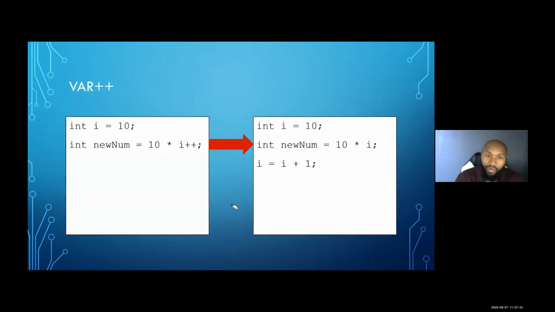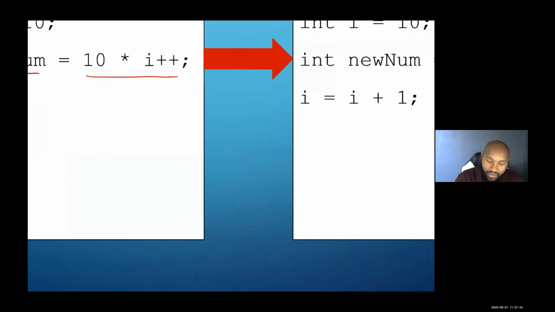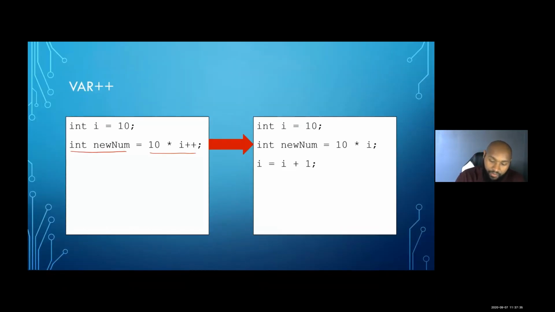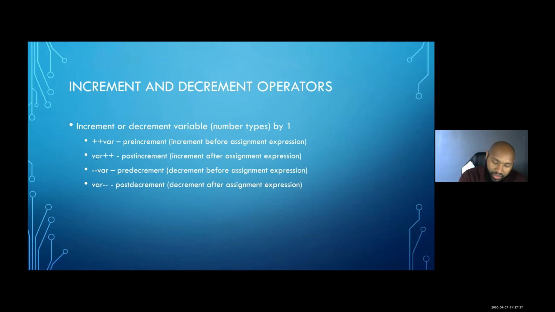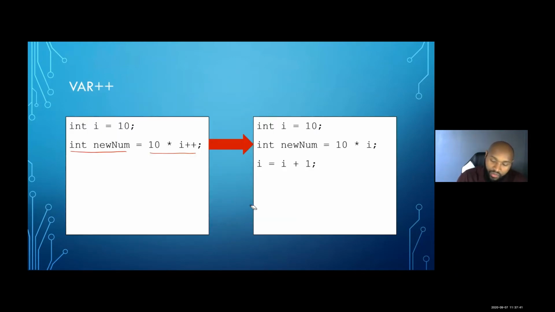Look at this example: int i equals 10, and int newNum equals 10 times i plus plus. That is a post-increment, so it occurs after you do your expression. So int i equals 10, newNum equals 10 times i, and then i equals i plus 1.